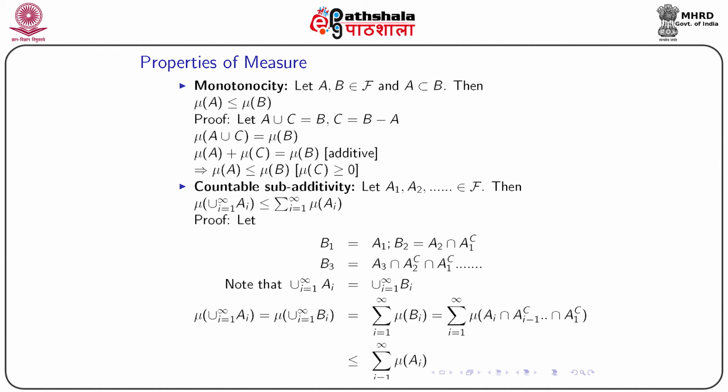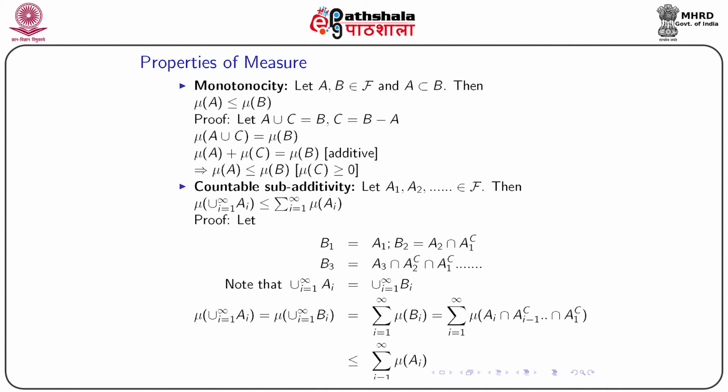For two sets A and B, A intersection B is a subset of A. Similarly, if you have three sets A, B, C, then A intersection B intersection C will also be a subset of A. Using that logic, you will find that Ai intersection Ai minus 1 complement, Ai minus 2 complement and so on up to A1 complement, this set is a subset of Ai.